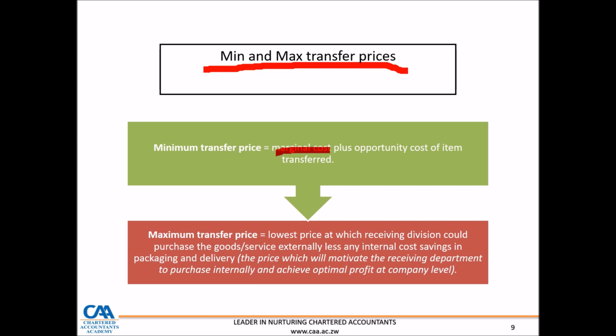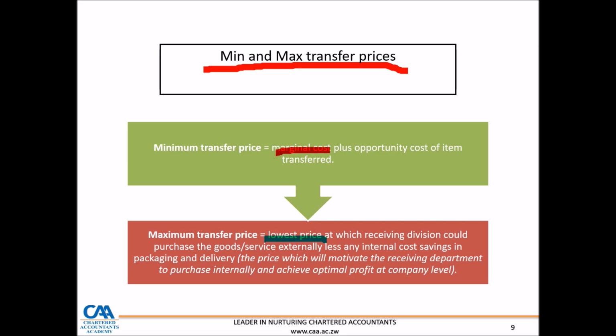On the other hand, the receiving division would want the lowest price which would enable them to achieve more optimal profit. So here the question is, what is the price that would motivate the receiving division to buy internally?